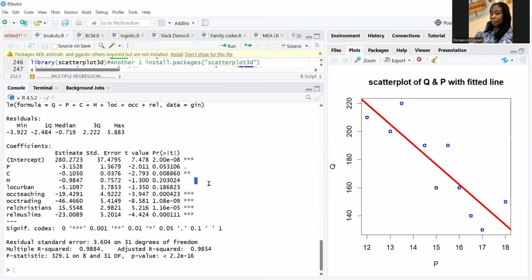Real Muslims. Ishmael. Yes, it's significant because it's still 0.00, which falls within the less than or equal to 0.05.